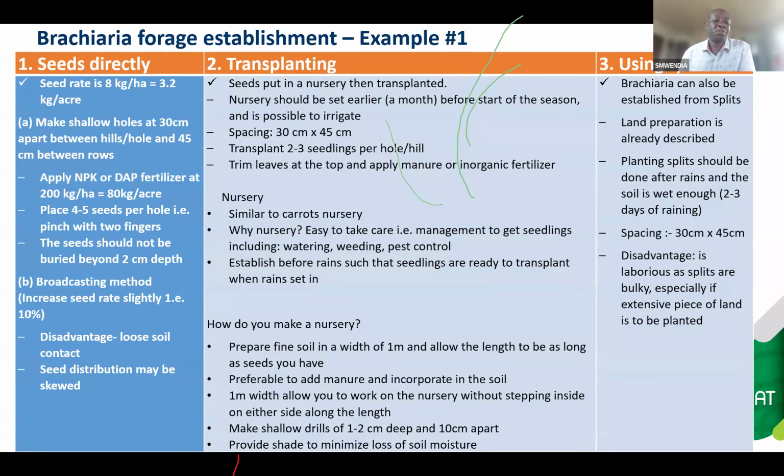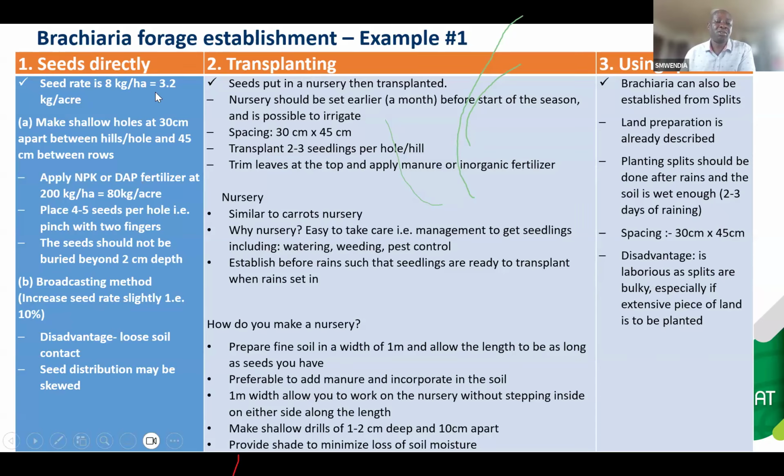So more specifically, when we think of Brachiaria, and I already alluded to this, you can either plant directly, this column number 1, or transplant. This comes from the nursery, which I've just explained in some detail, or you can use splits, which is more vegetative. The seed rate for the Brachiaria, actually all of them, is about 8 kilos per hectare.